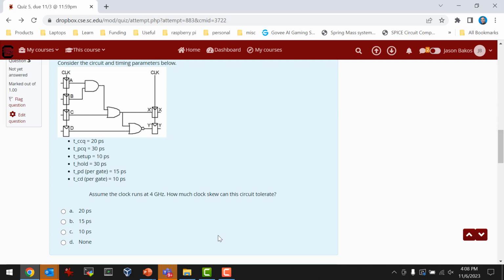And the hold time is 30. So we have to make sure that these, minus the skew, are greater than the T hold time, which is 30.